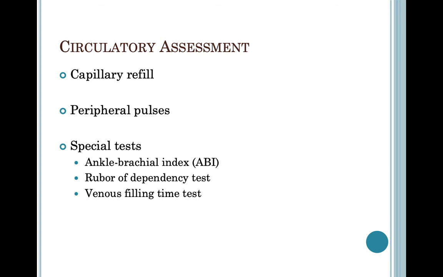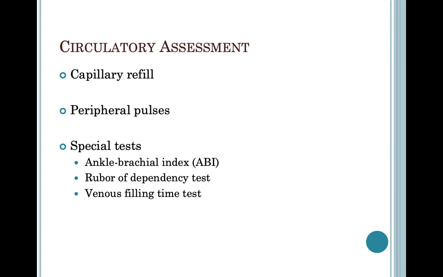The next thing that we should be thinking about, and sometimes we'll do this before, so the order can really vary, is to make sure that our wound assessment includes circulation, to make sure that the wound is getting adequate blood supply, oxygen, nutrients, the cells that it will need in order to generate tissue repair.